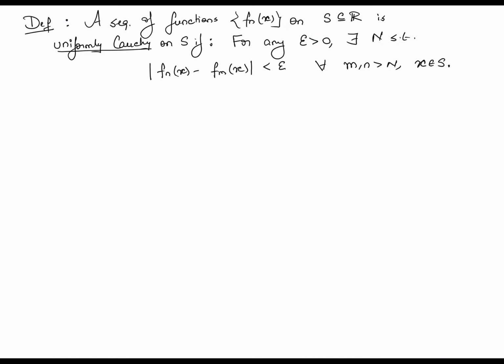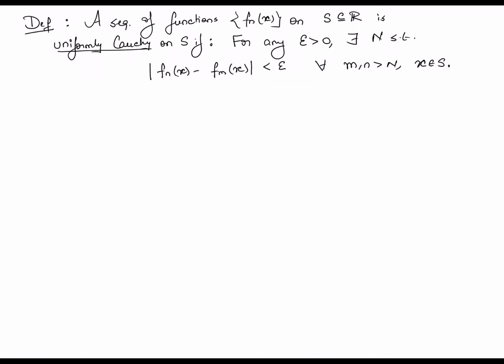So this is the natural notion of uniformly Cauchy, because it tells you that whatever epsilon you choose, there exists some capital N such that beyond this capital N, any two functions in the sequence are going to be uniformly bounded away from one another by at most epsilon. Right? So that is what it means for a sequence of functions to be uniformly Cauchy.